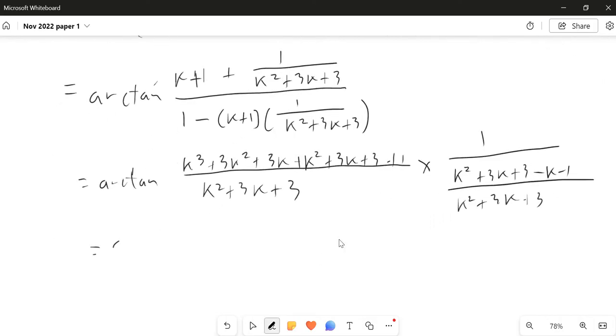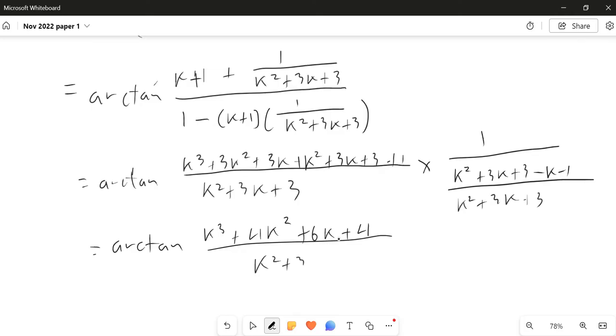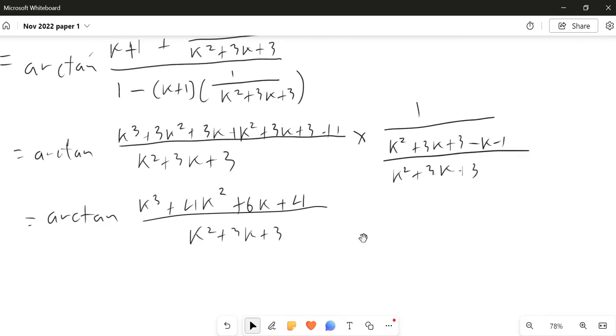And then equals arctan of k cubed plus 4k squared plus 6k plus 3 plus 1, so plus 4, over k squared plus 3k plus 3, times k squared plus 3k plus 3 minus k minus 1.